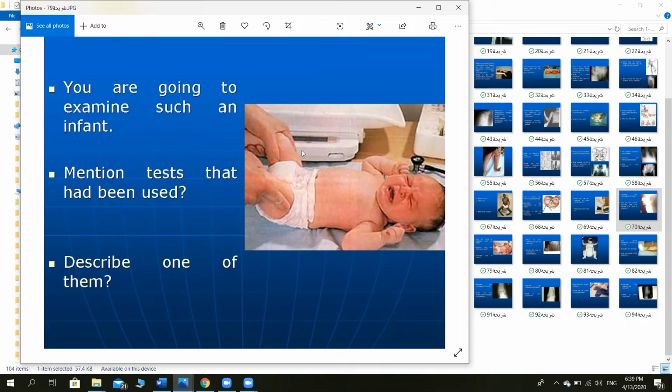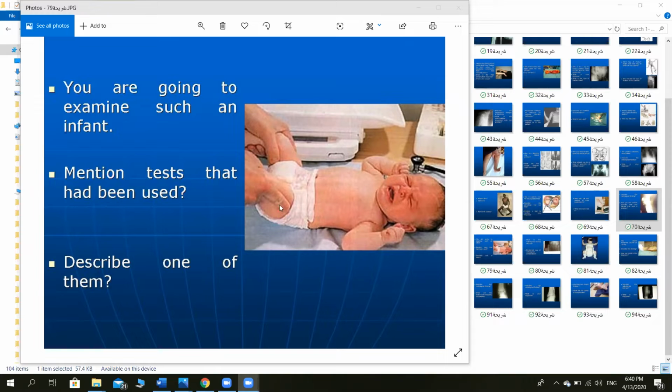The other test we name the Barlow test. In the Barlow test, we test for a hip liable for dislocation by flexion of the hip joint, flexion of the knee joint, thumb medially, index laterally again, and we try to adduct the limb, both knee joints, adduct them, and we push vertically.